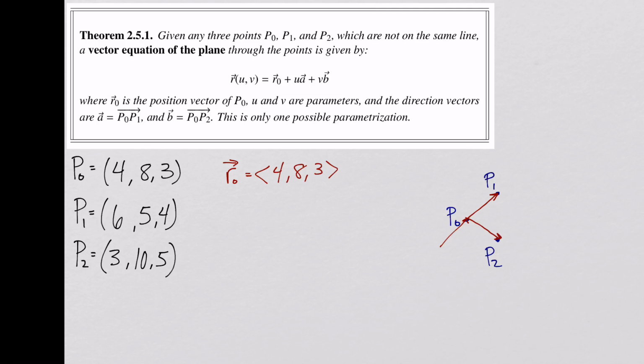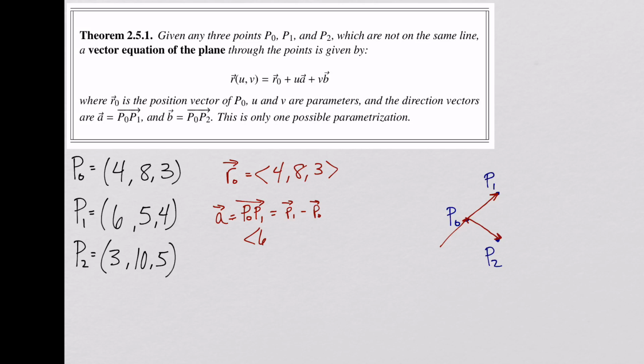Now we want to find A, so A is equal to this displacement vector of P0, P1, right? So to do this, we know that's equal to P1 minus P0, right? So we can rewrite these if we need to.